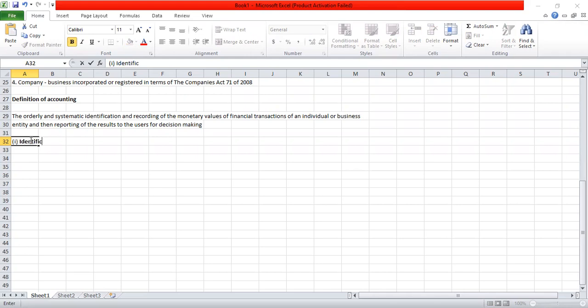Identification of those events which are evidence of economic activity.